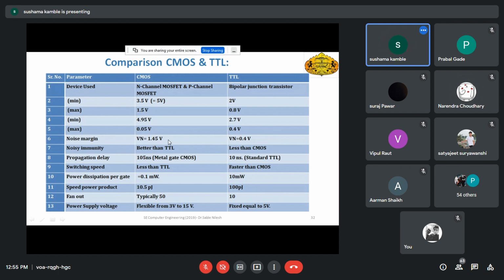For CMOS it is 1.45, meaning it can tolerate more. Here the noise margin is 0.4 volt. Noise immunity of TTL is better than this but less than CMOS. Propagation delay is 105 nanosecond, and here it is 10 nanosecond. The propagation delay is more here and less here, so what will the switching speed be?